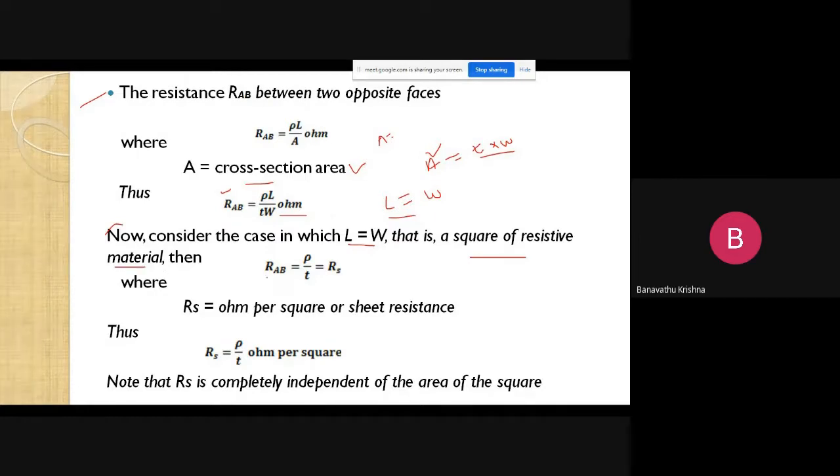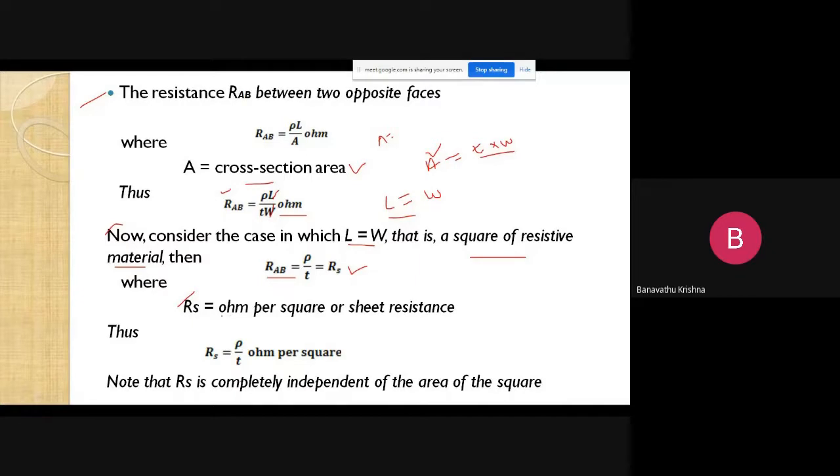Then RAB equals, if I make L equal to W, L and W cancel each other. So finally we get RAB equal to rho by T, which equals RS, where RS is ohms per square.